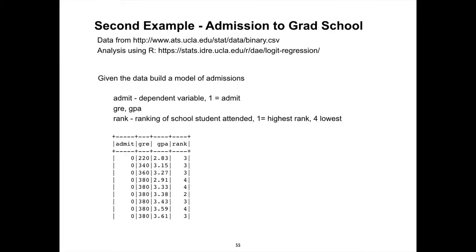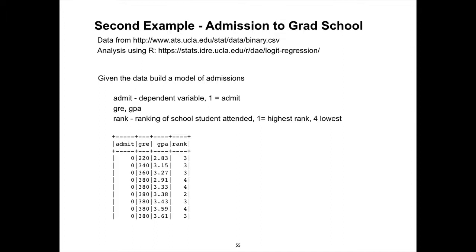Second example. So this is some data. I'm not sure how realistic it is, whether it's actual data or they just made it up. You basically have whether you admit people to graduate school based upon GRE, GPA, and the rank of the school, right?